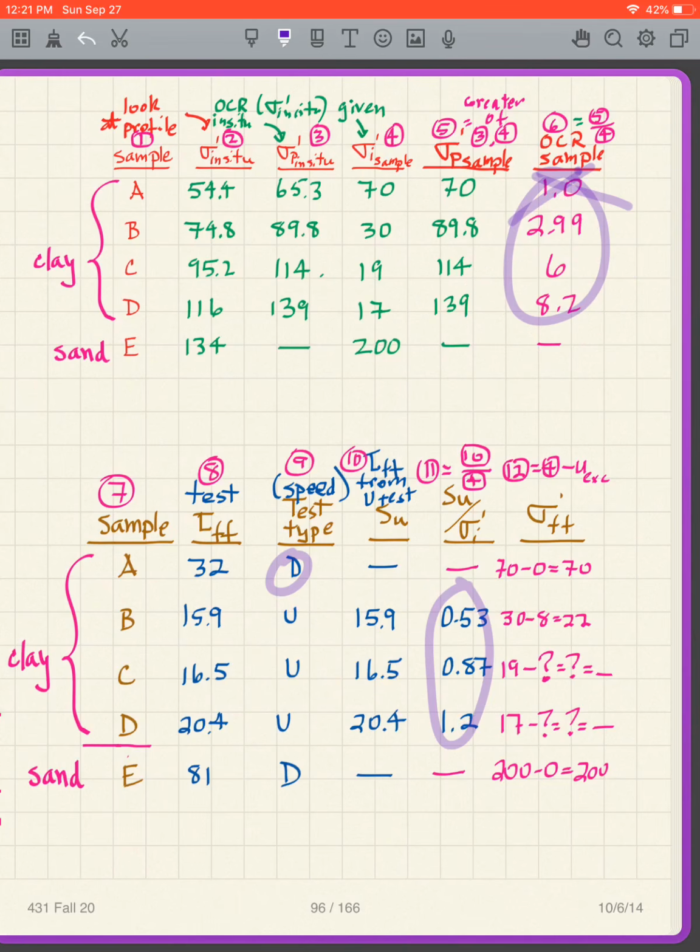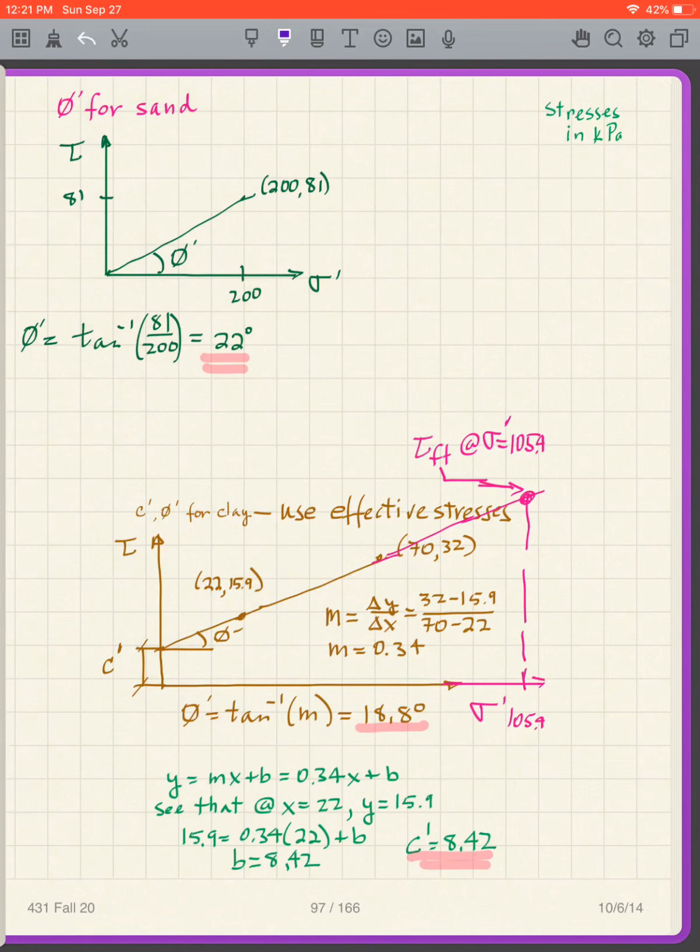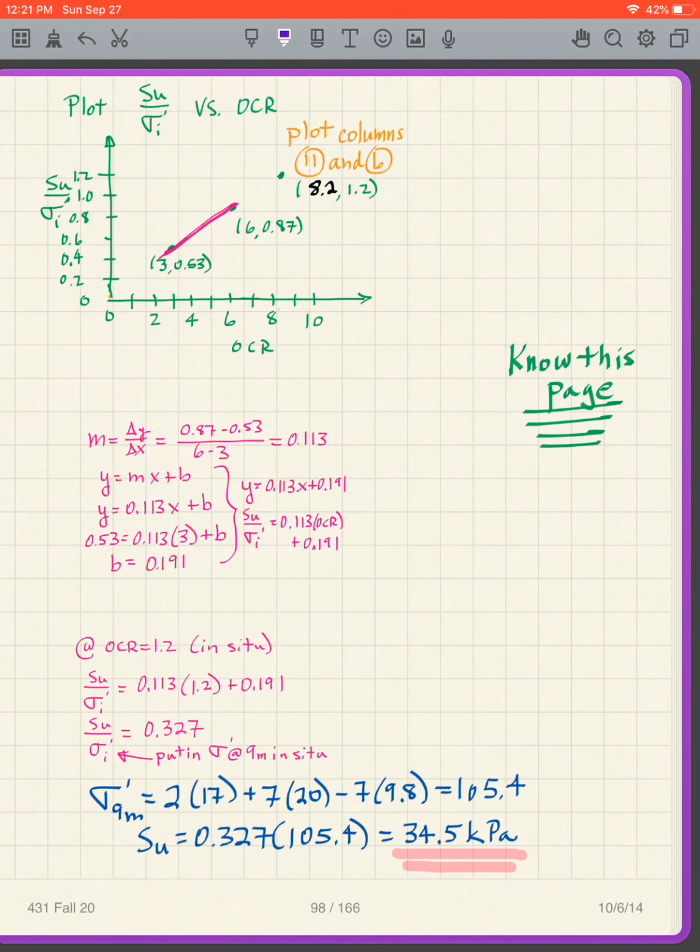So I plot those up, and I get how SU over sigma prime I varies with OCR. These are the 3 points from our 3 undrained tests. You can look at this. They're all plotted approximately.